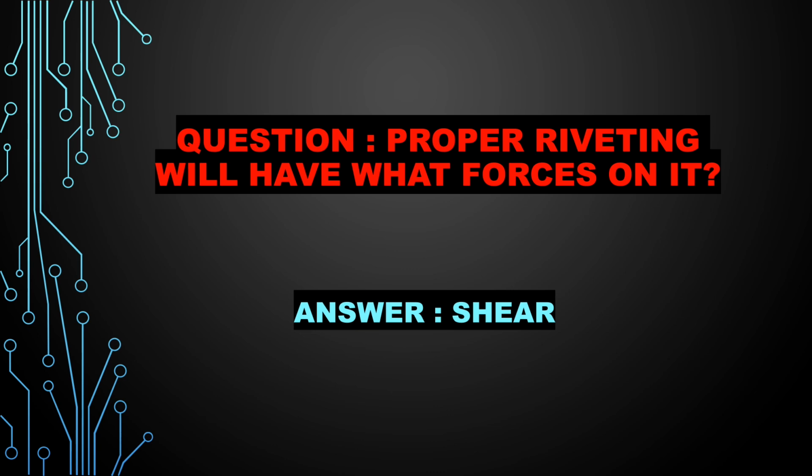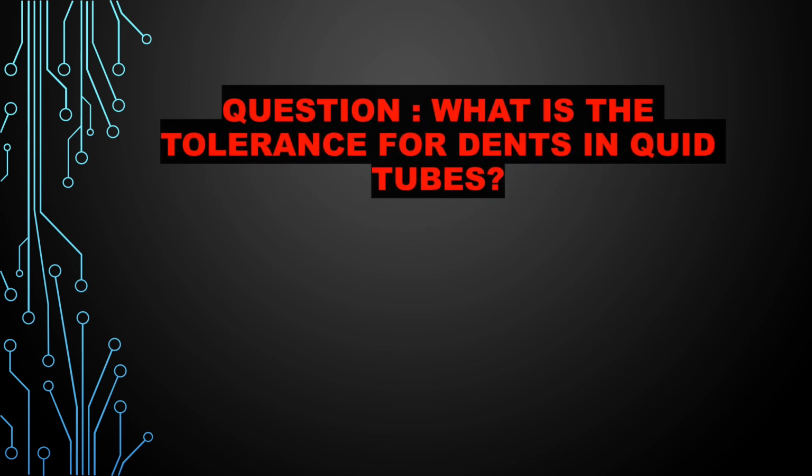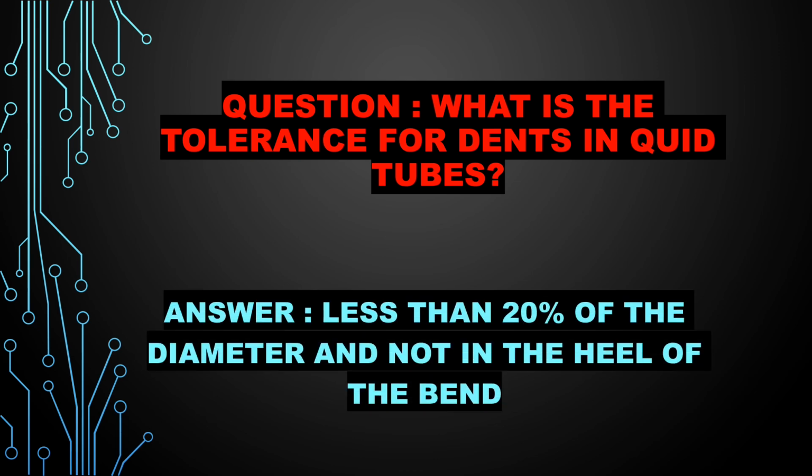Shear. Question. What is the tolerance for dents in tubes? Answer. Less than 20% of the diameter and not in the heel of the bend.